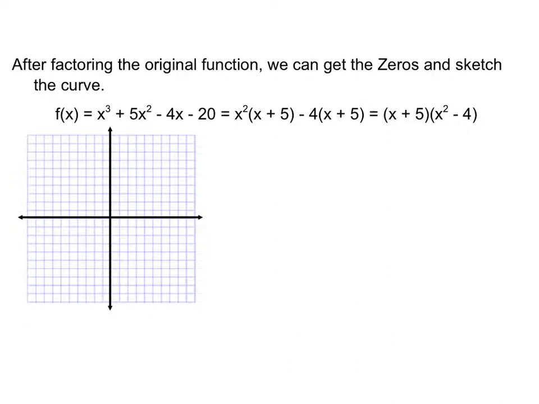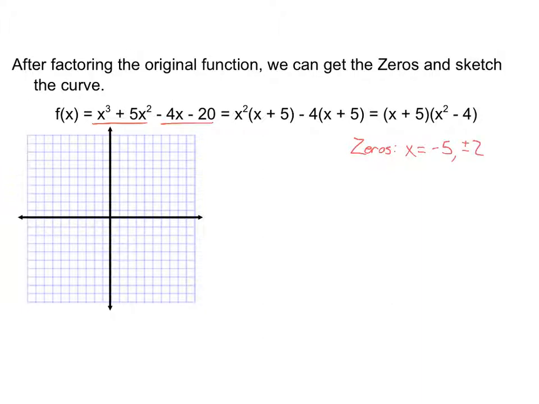So actually, before we even do anything with the calculus, let's look at that part of it. Notice I can factor this original function by grouping, and I get this all down to x plus 5 times x squared minus 4. That means I have zeros of this function when x is negative 5 and plus or minus 2.